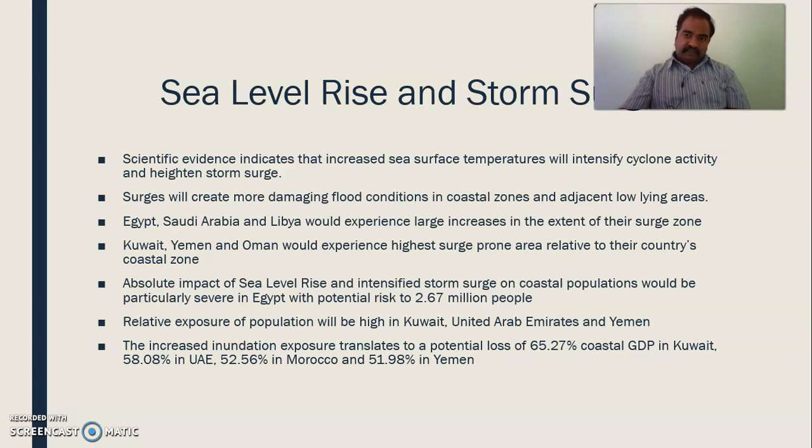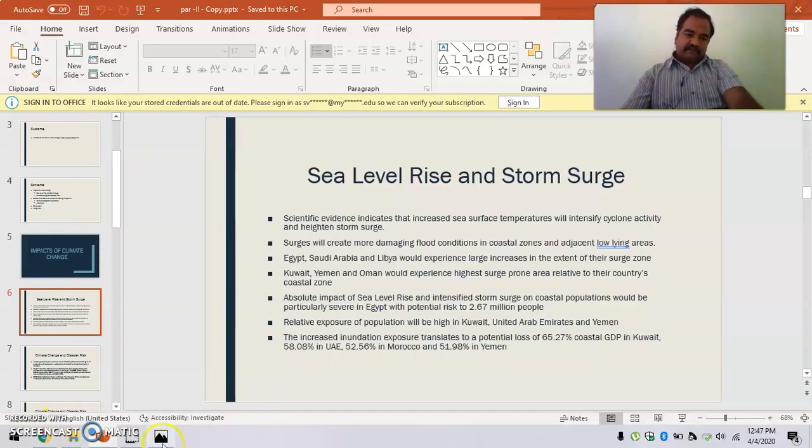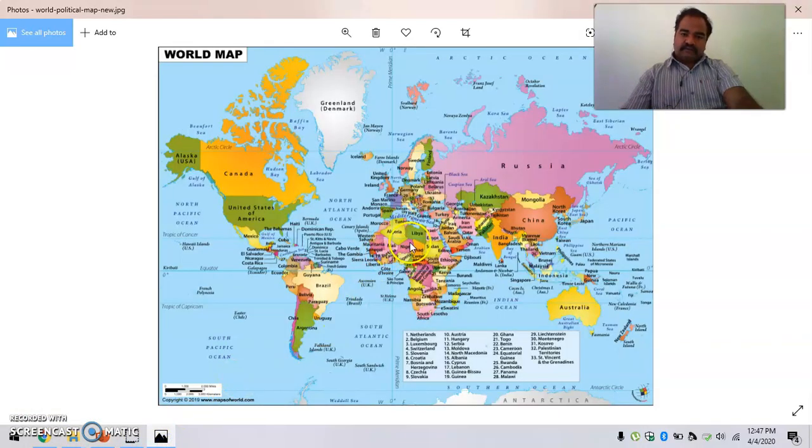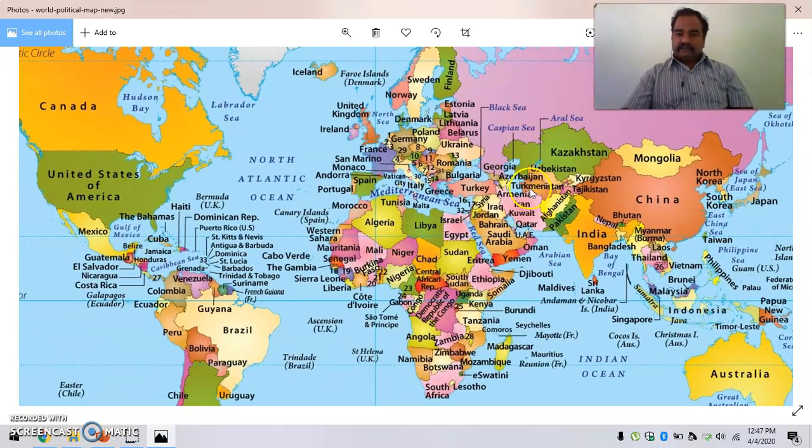I will show you the map of the world. This is the Middle East. As you can see, Egypt, Sudan, Ethiopia, Yemen, Saudi Arabia, these countries will be the worst affected because of the increase in water levels.